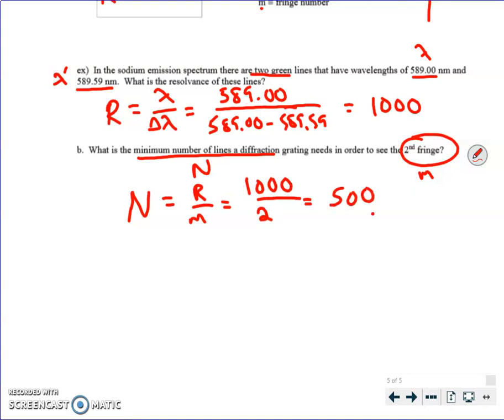So 500 lines have to be illuminated in our particular diffraction grating. If we wanted to see the first fringe, you'd have to use 1,000 lines. Maybe that's why we want to look at the second fringe, because it's a lot easier to illuminate 500 lines than 1,000 lines. Okay, that's what I have for the resolvance. I think there's a problem or two on your homework that asks about that.